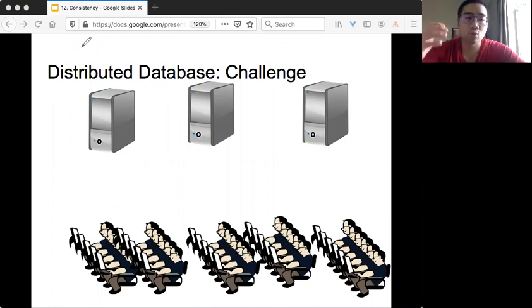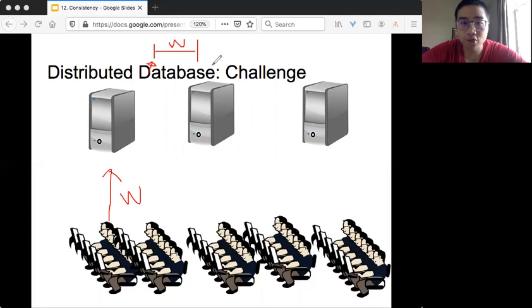So we want a strong notion. Suppose we have a client that is going to write something. In the usual notation or illustration, we write this W, where this is the initial invocation point of the operation, and this is the termination point, meaning the database tells the client that the operation is completed and the value is stored inside the system.